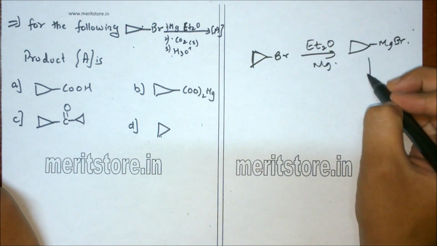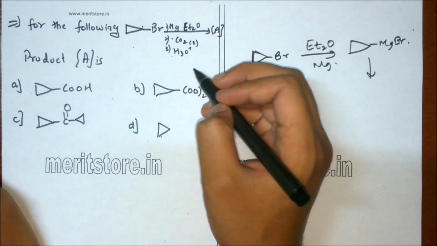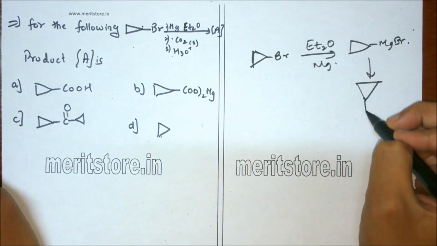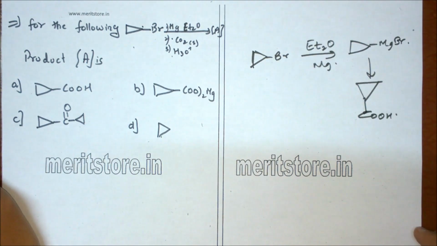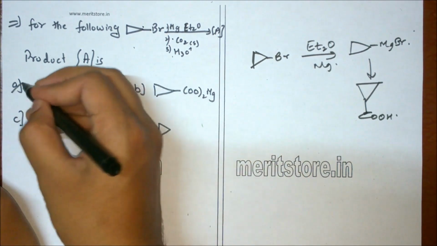Which on further reaction with carbon dioxide and hydronium ion will form cyclopropane carboxylic acid. So option A is the correct answer.